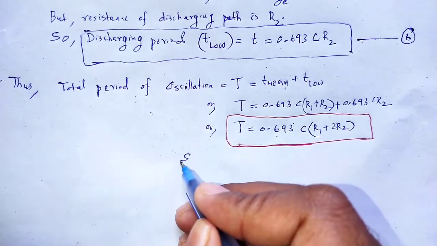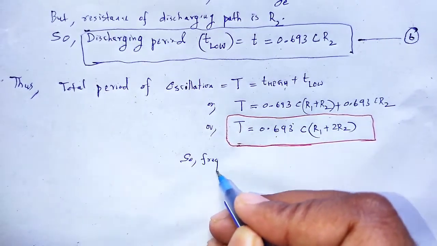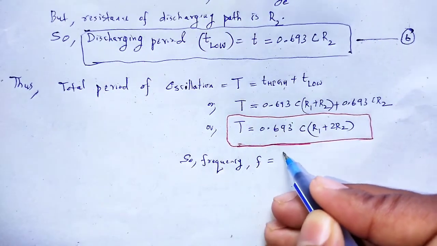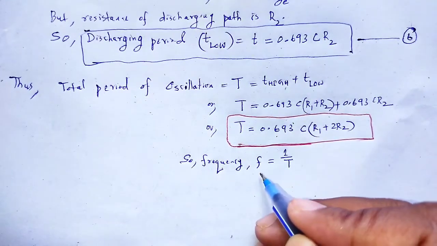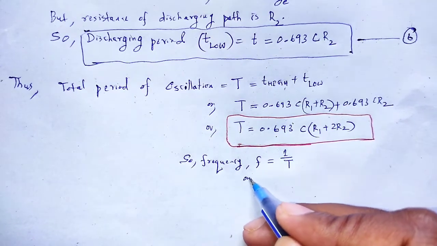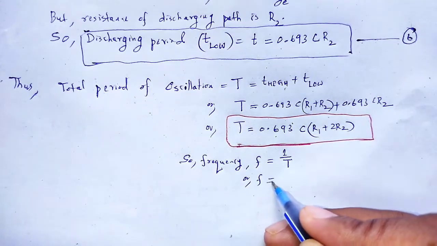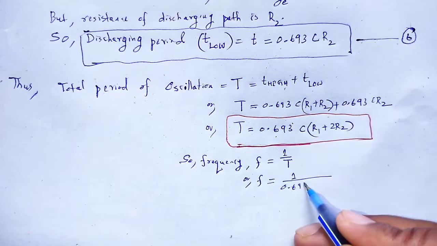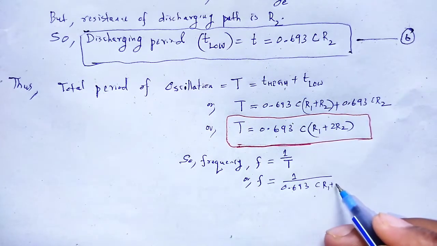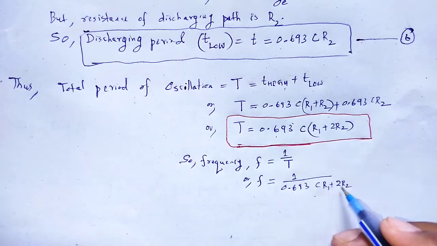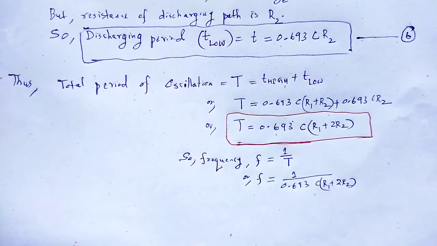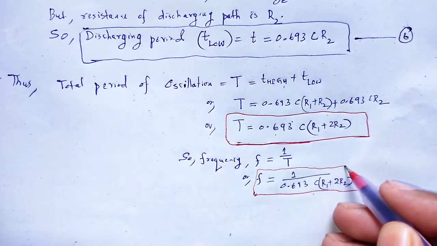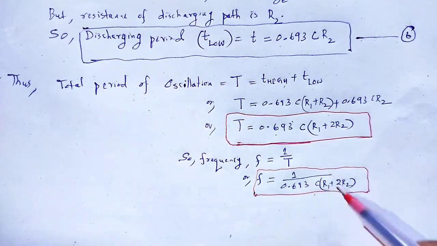So, frequency can be calculated. Frequency f, which is the reciprocal of time period, 1 by T, or f is equal to 1 divided by 0.693 C R1 plus 2 R2. The time period and frequency of oscillation are evaluated.